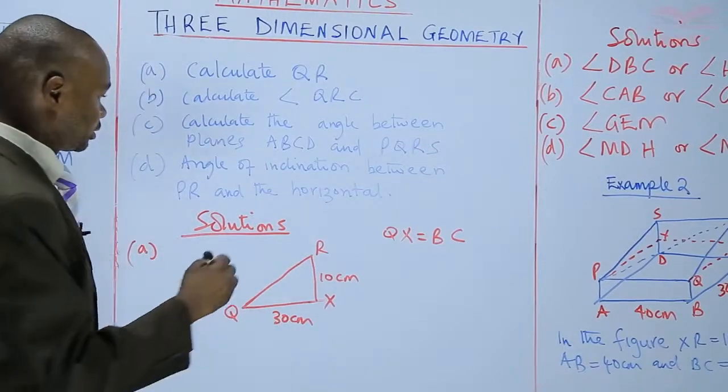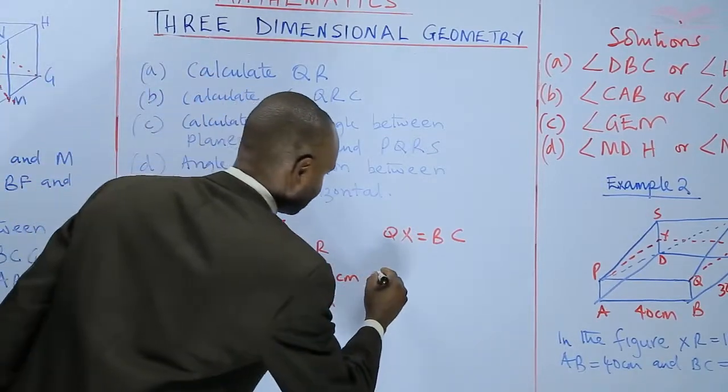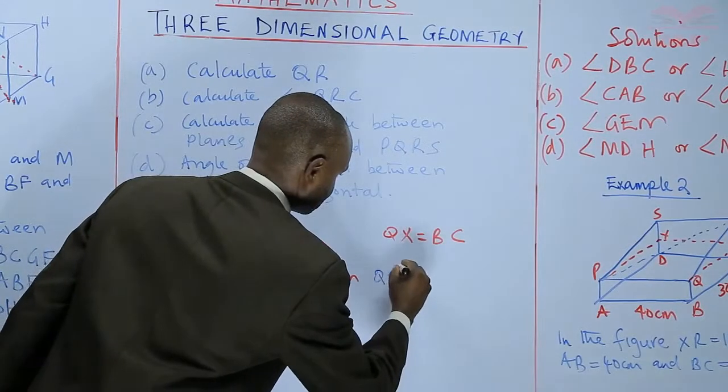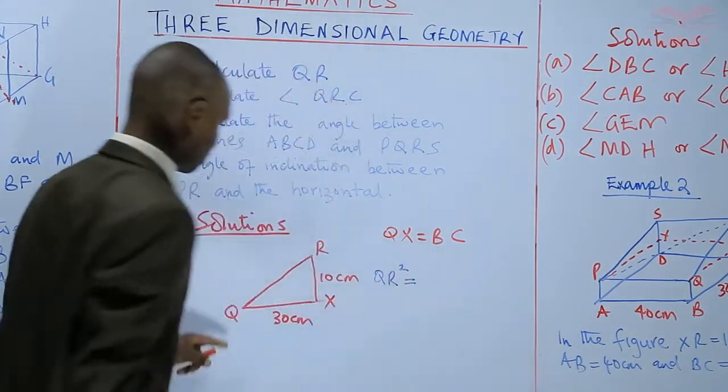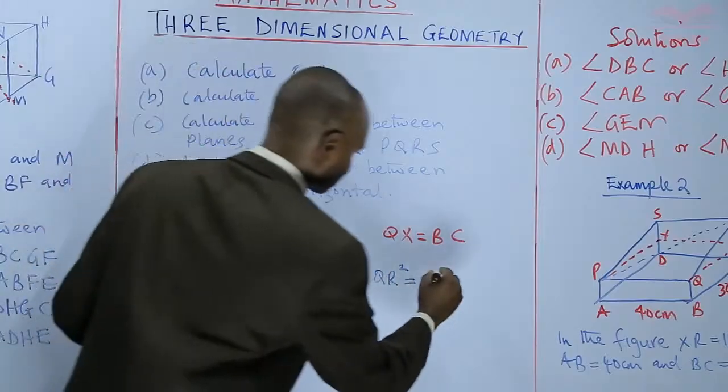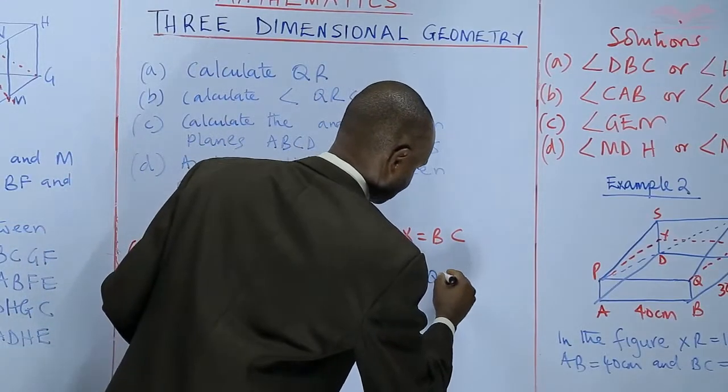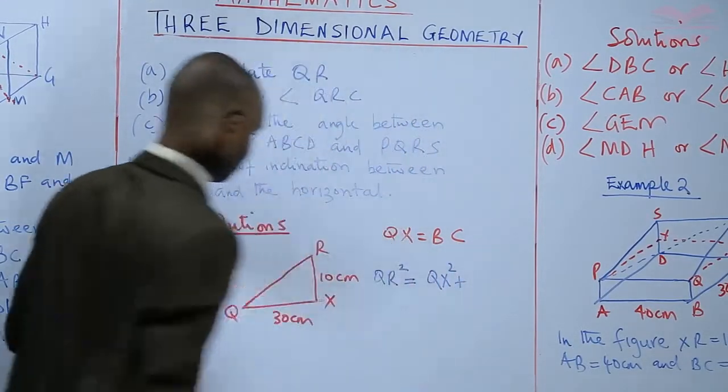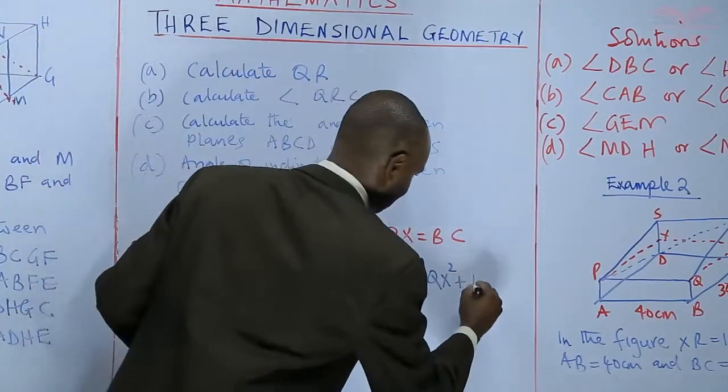So you realize QR squared will be equal to QX squared plus RX squared.